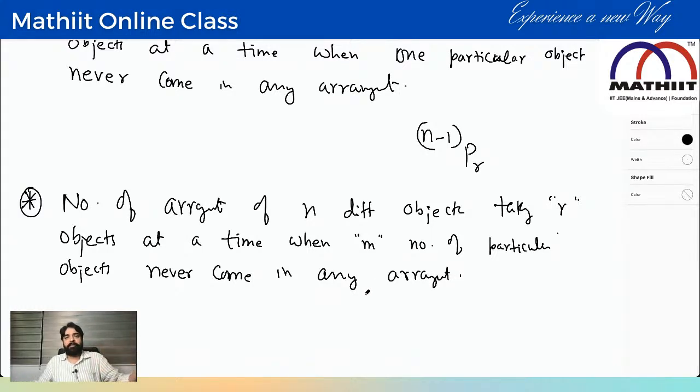Suppose 20 objects are there, and 4 particular ones are not coming in any arrangement. Something like that. Please type the answer. N objects we are arranging into r places, and m particular objects never come in any arrangement.